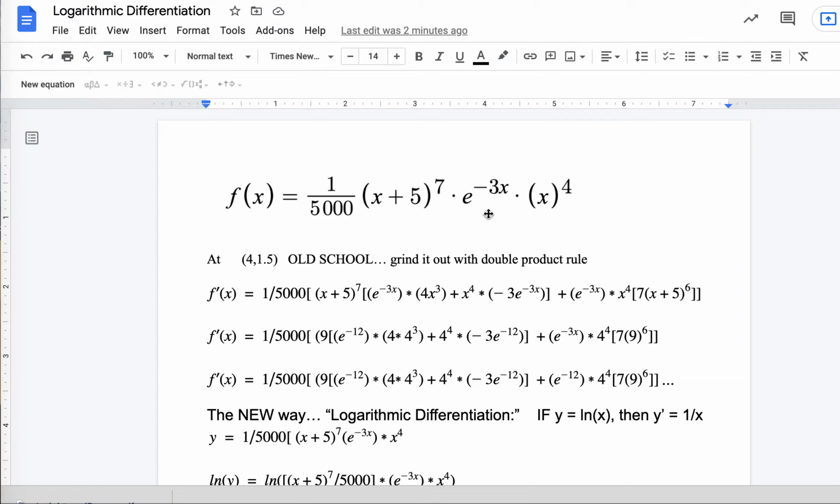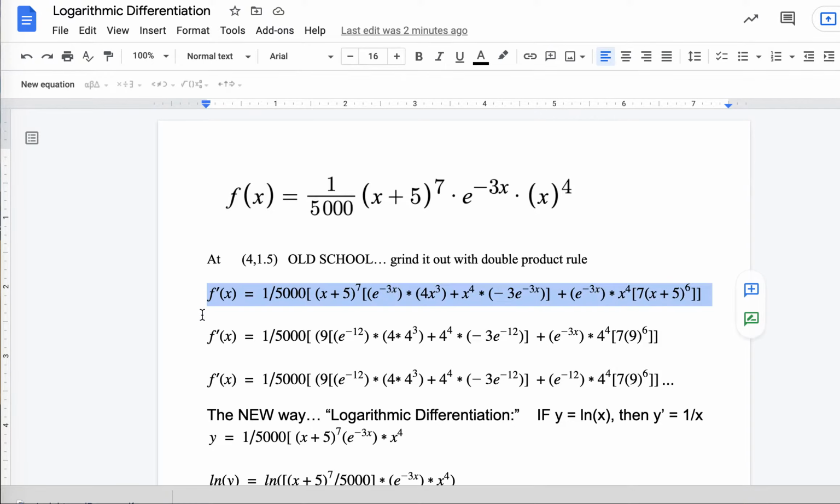And then the derivative of these two would be another product rule. So it'd be the first times the derivative of the second, plus the second times the derivative of the first. And then when I've completed that first leg, I take these two things times the derivative of that first thing. So this is what it looks like right here, all broken up into that double product rule.